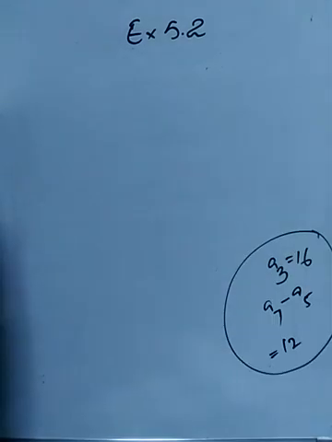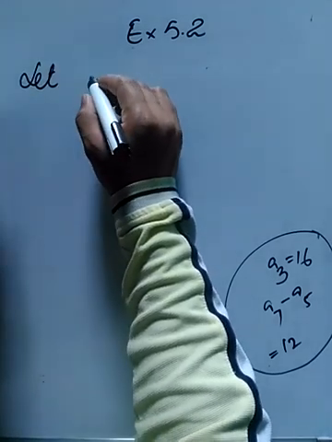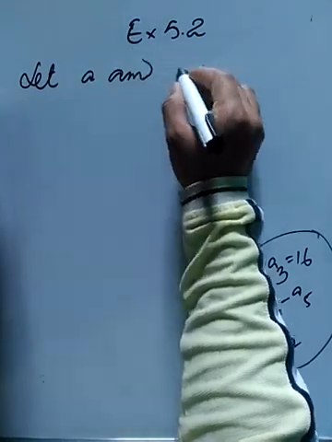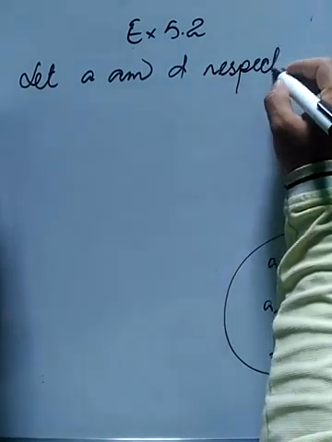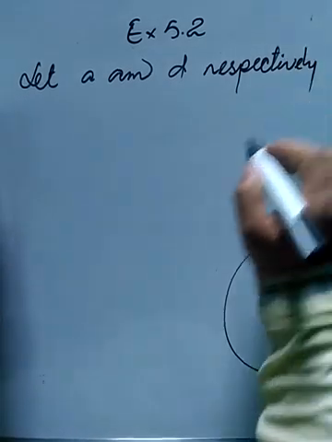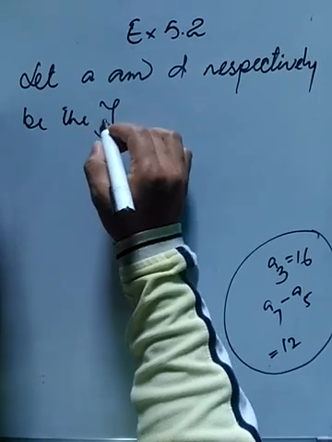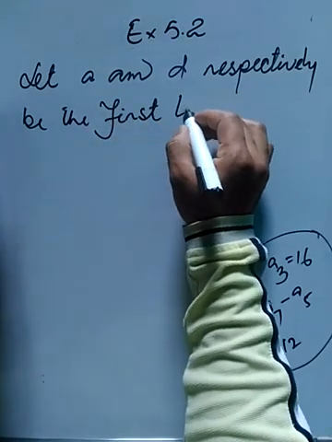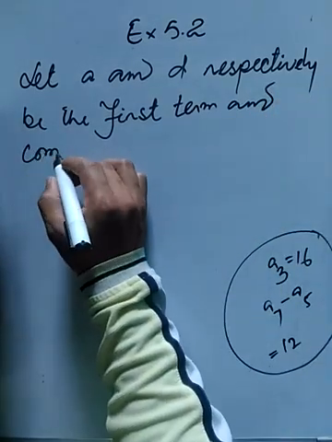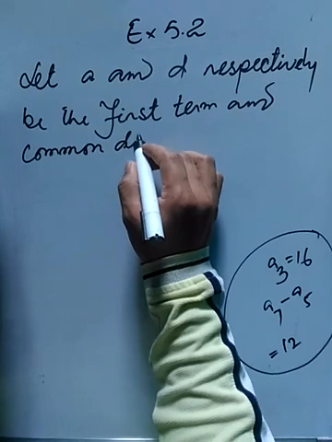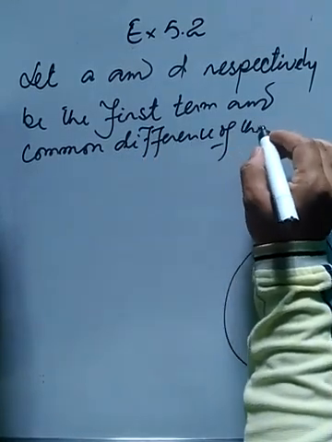So let me write here, let a and d respectively be the first term and common difference of the given AP.